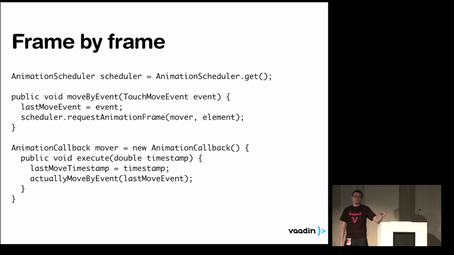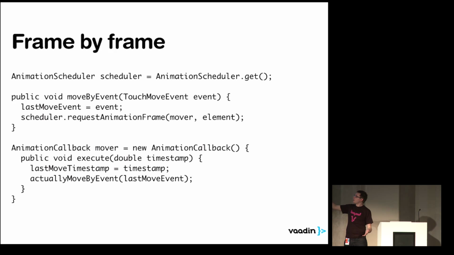What this does is that you just tell the browser, hey, could you give me a callback the next time you are just about to update what's actually on the screen? And at that point, we can see that, okay, the last known finger position is this, so that's how we should update the scrolling. In that way, we only do the calculations and the DOM updates when the browser is actually about to do something sensible with that data.